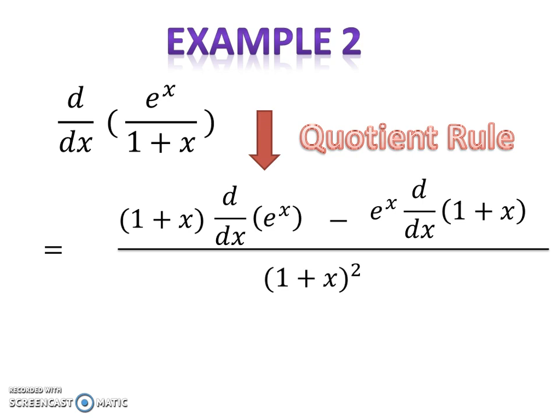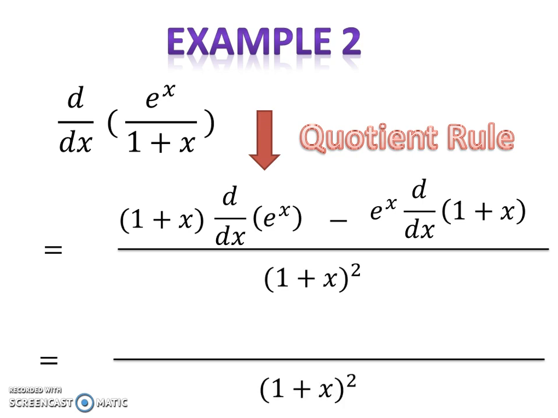Okay, so let's go through term by term. 1 plus x, and once again, when you differentiate e power x, you must get back e power x, minus. Now, you are going to differentiate 1 plus x. So, differentiate term by term. When you differentiate a number, you must get 0. When you differentiate x, you will get 1.